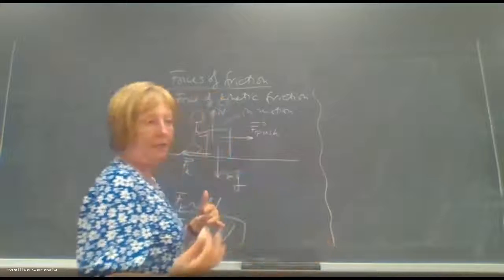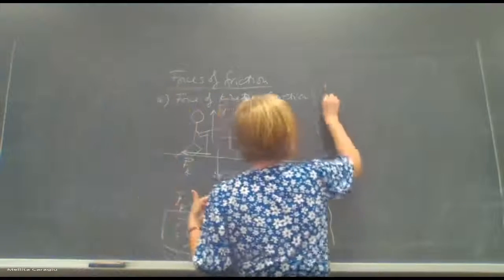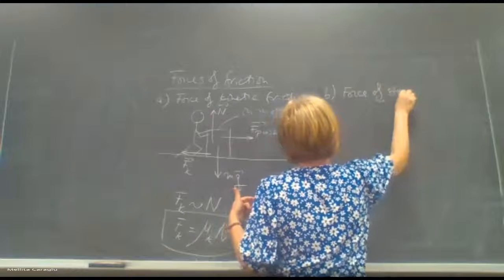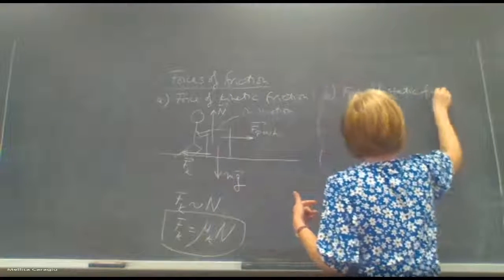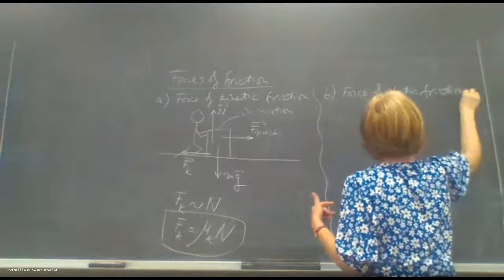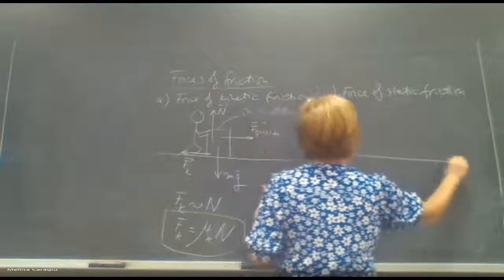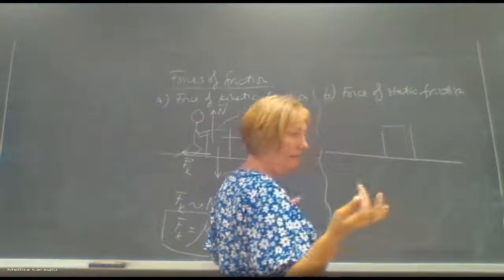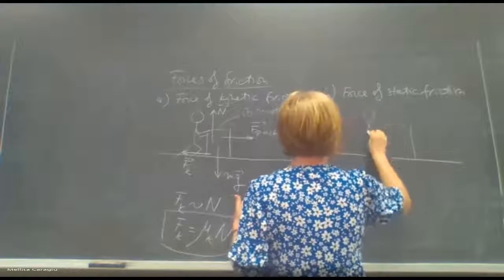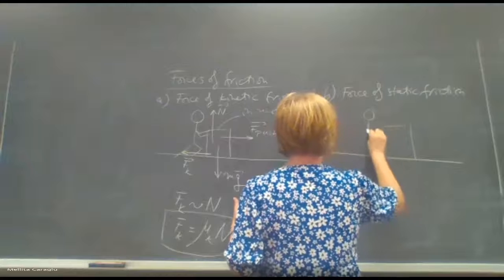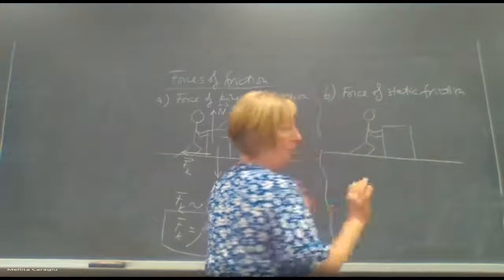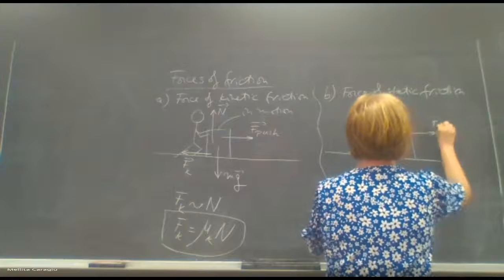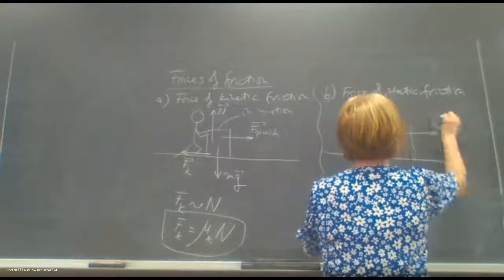And now if we consider the force of static friction, so the idea is the following. Again, you have the crate on the floor and you are pushing this crate, right? So you do act with this force.